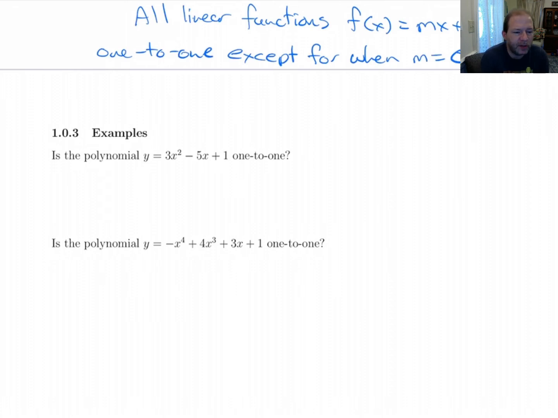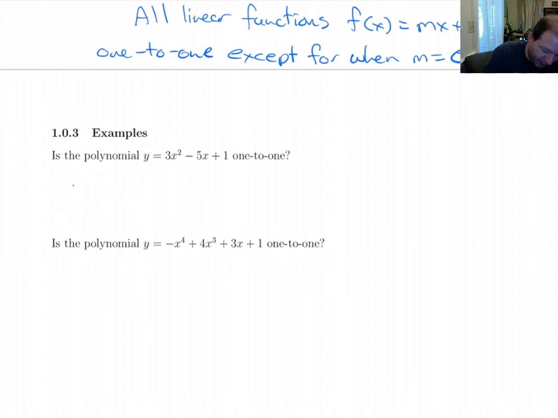Is this polynomial one-to-one? This first one is y equals 3x squared minus 5x plus 1. Now, you could graph that and look at it and figure out if it passes the horizontal line test. But if you look at this one and think about it, you can actually determine the answer without doing that. It's a parabola because x squared is the highest term.